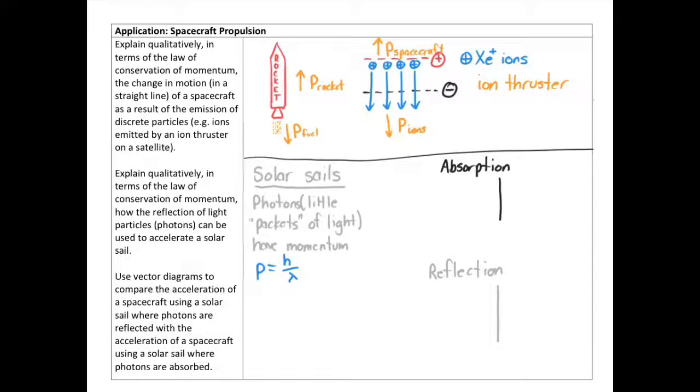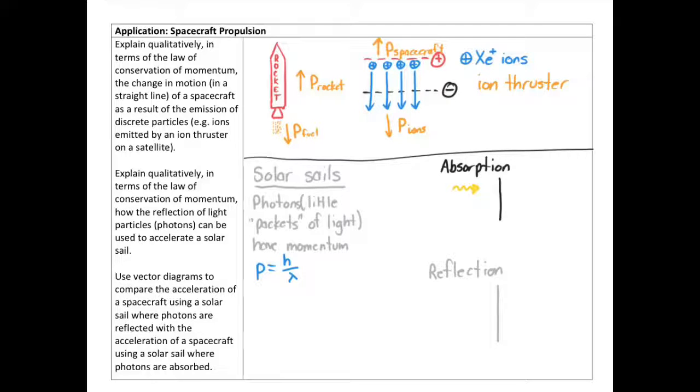So when light strikes something, it is an interaction, and again, momentum must be conserved. So if we think about a photon of light hitting a solar sail that would absorb, now often we represent a photon with a little squiggly line with an arrow. But if that photon strikes a solar sail and it's absorbed, we can work out the change in momentum of that photon.